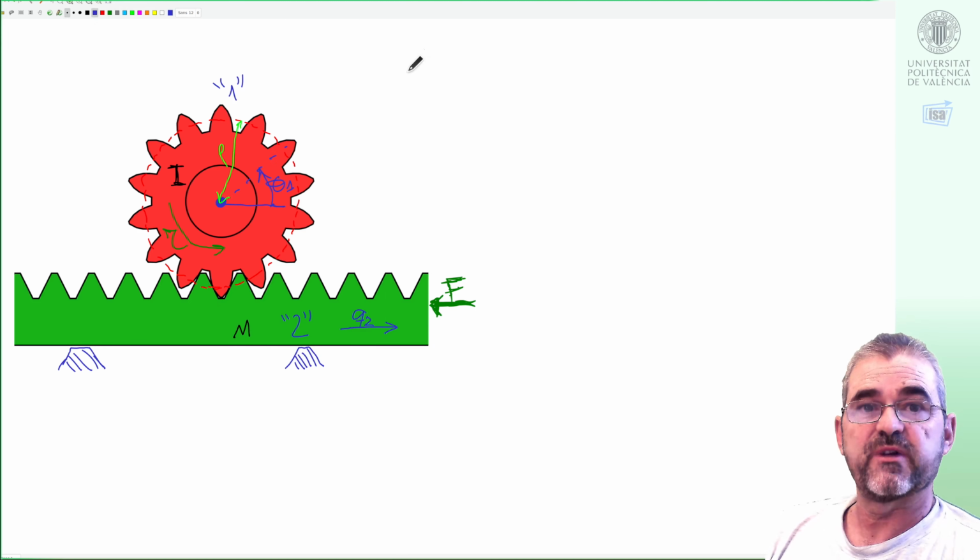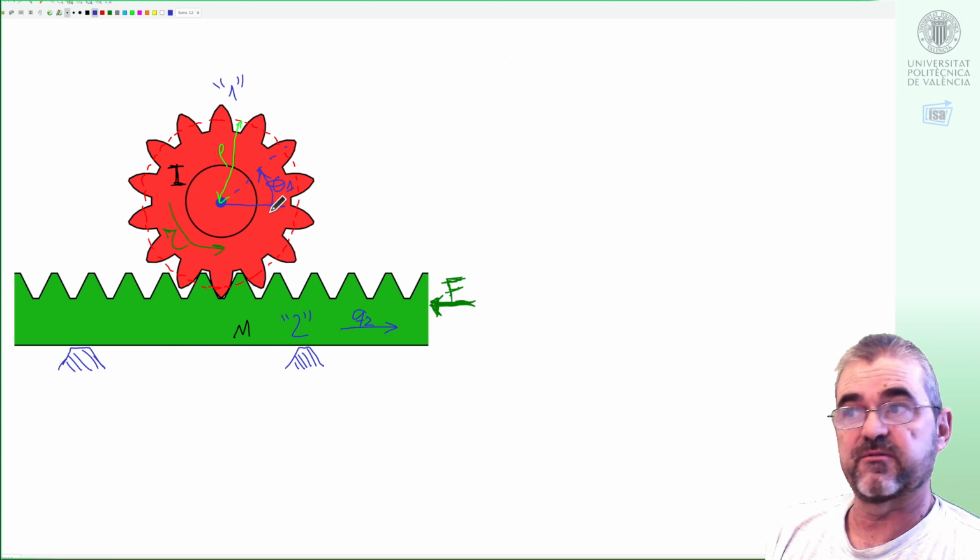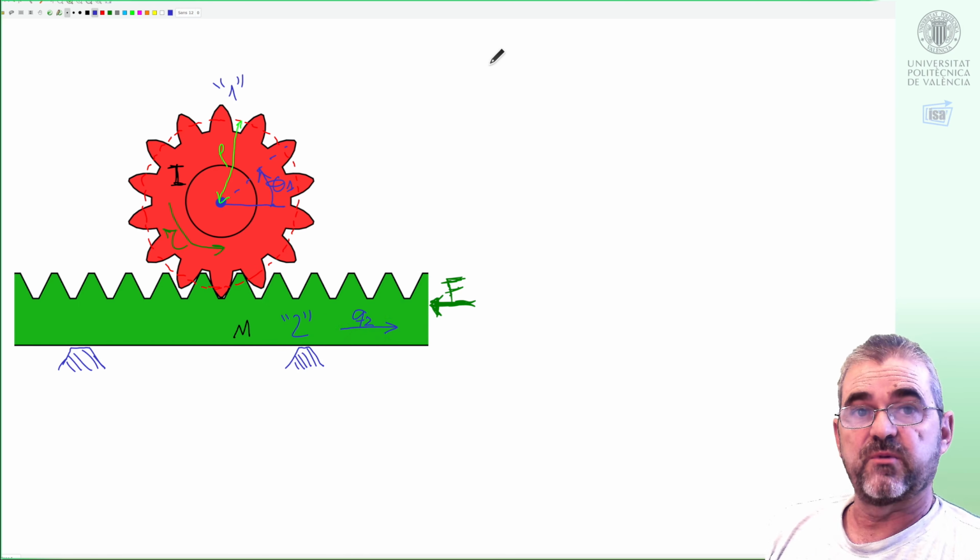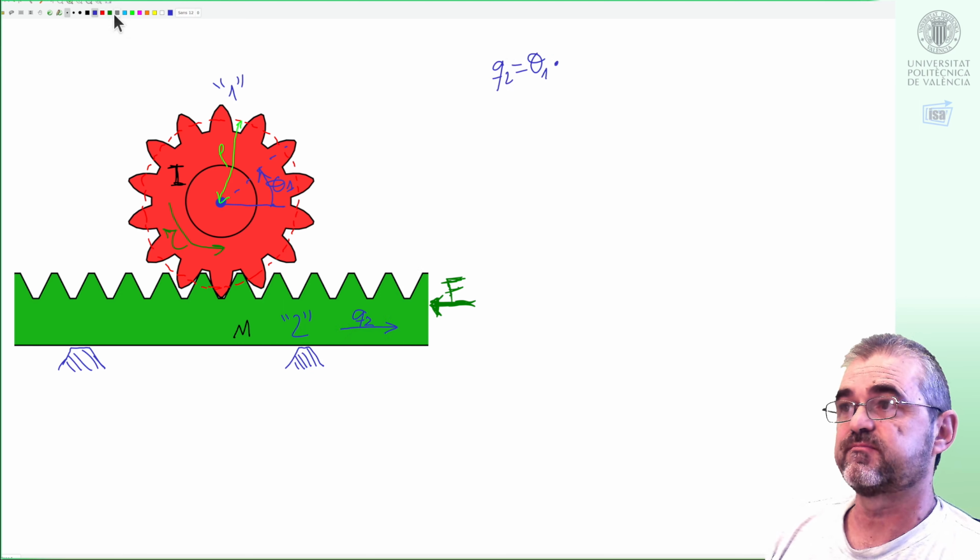The first is the kinematics, the mechanical constraint: if we denote the angle of rotation θ1 and denote as q2 the horizontal displacement of the green element, then the mechanical construction is such that q2 is θ1 times the radius rho.